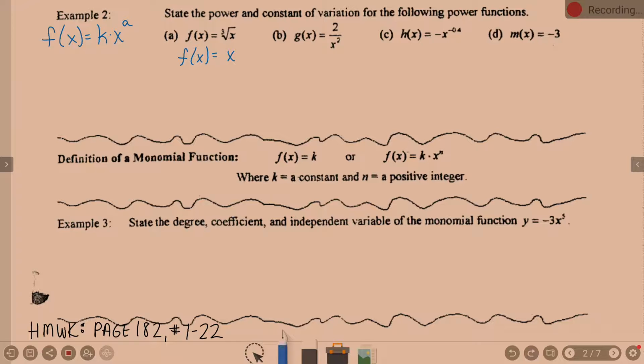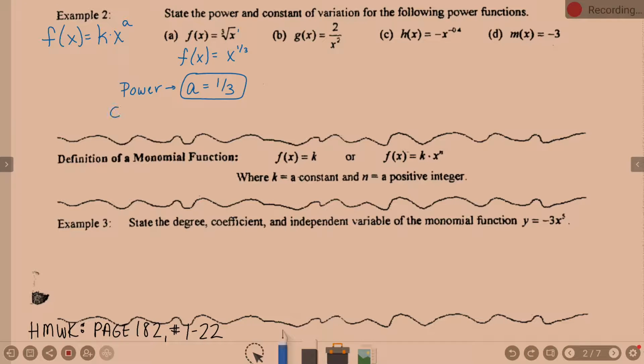Because you have an invisible power of 1 over the index of 3. So if we're looking at f of x equals x to the 1/3, what is our power? 1/3. I'll use A to represent the power. A is 1/3.